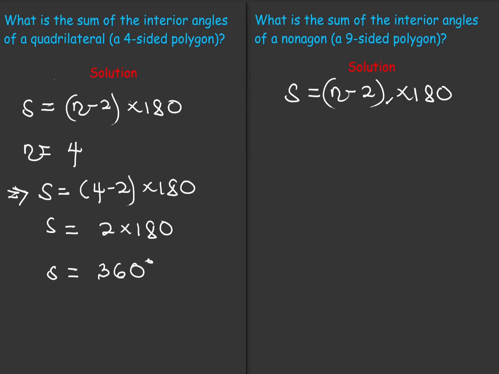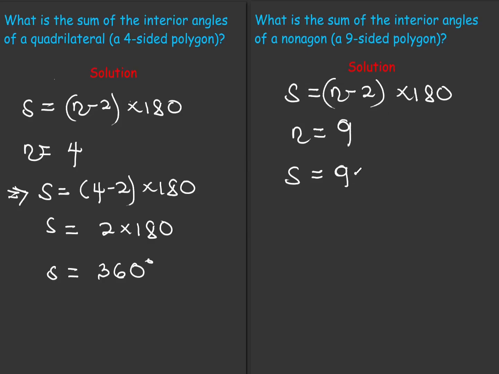So you just do your necessary substitution. Hence, we have the sum of interior angles being 9, since n was given as 9. So n equals 9 from a nonagon, which is a 9-sided polygon.